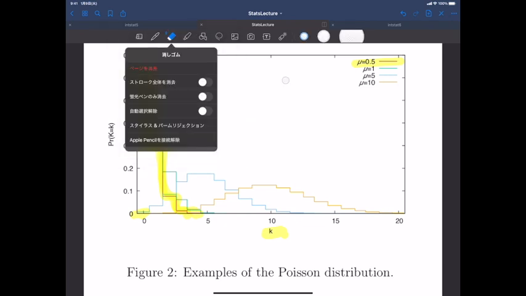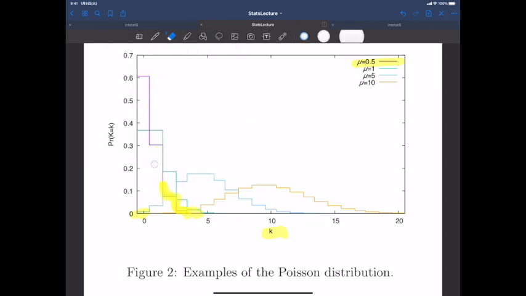On the other hand, when mu is 1, we have this green line. It has a little bit larger probability for larger values of k. And if we look at the case for mu equal to 10, we have this broad distribution.